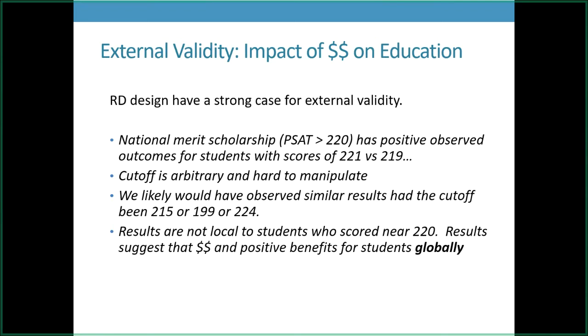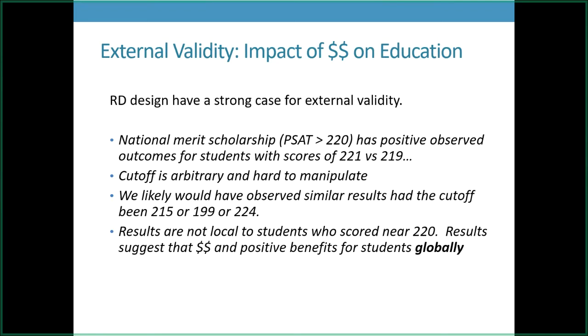In other words, if you find that there's a positive impact of money on education when the cutoff happens to be at 220, your study isn't actually just saying that people around this cutoff benefit from money. It is saying that the impact of money on education, the impact of reducing the price of college on educational outcomes, is globally significant. It can apply to anyone on the spectrum of PSAT takers, say, because if 220 is a somewhat arbitrarily chosen cutoff, if we find an effect there, why wouldn't we expect it to apply anywhere else on the distribution?